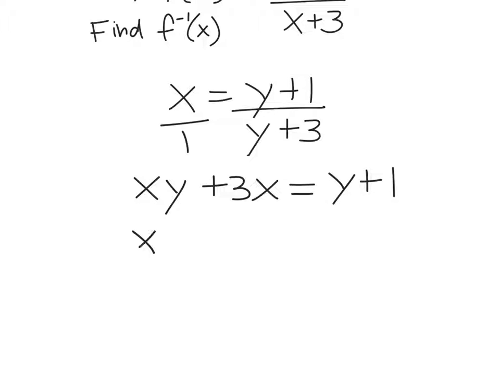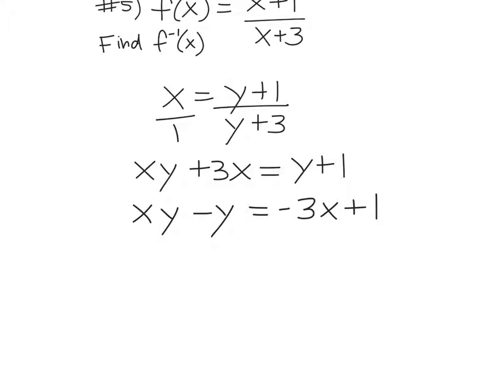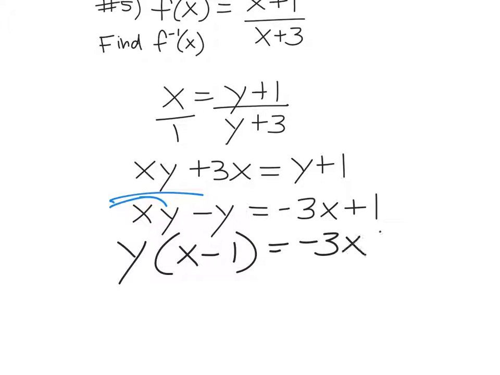So we're going to subtract this y over here, and we're going to subtract this 3x over here. Is everybody okay with that step? Okay. And the reason why we do that is because we're solving for one y. We have 2 y's right now. So why don't we take that and find the GCF and factor it to the front. So that we have y times x minus 1 equals negative 3x plus 1.